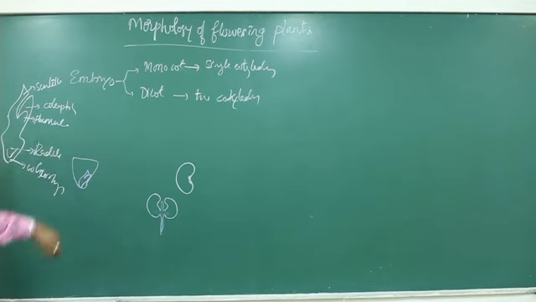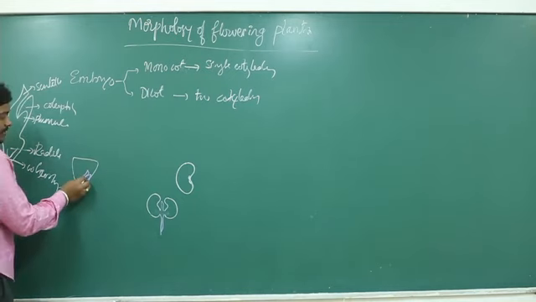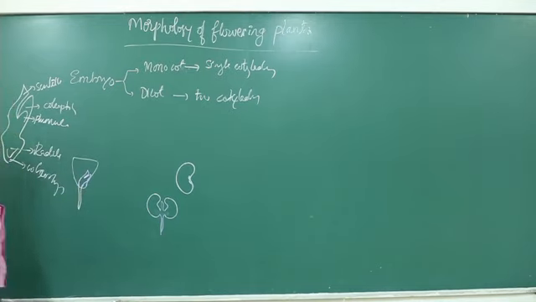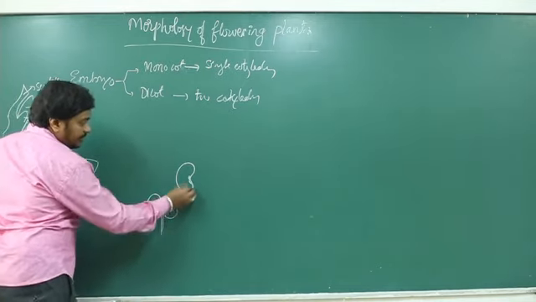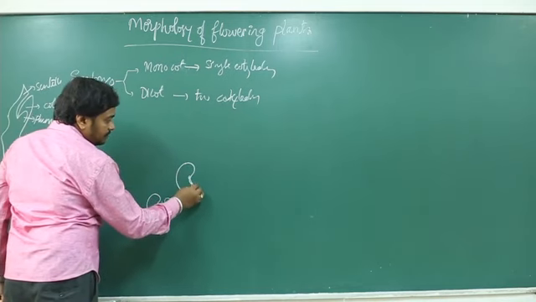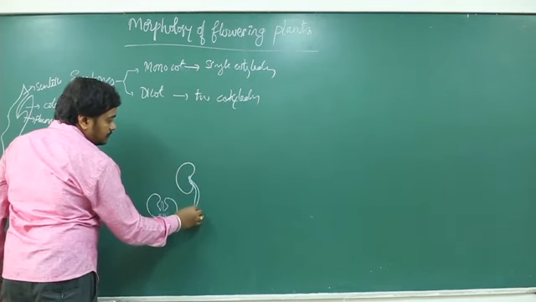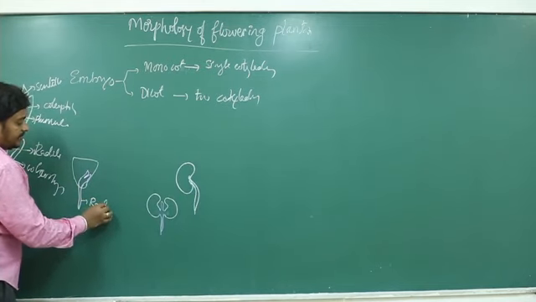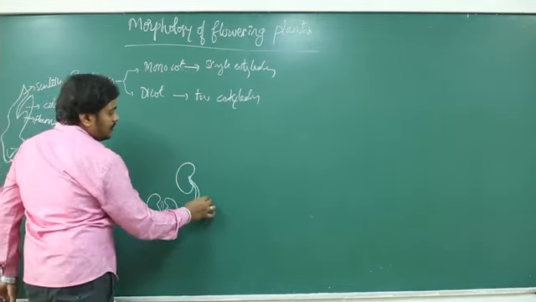So like this you studied the structure. During germination, in the beginning the radicle came out. So here also this radicle came out first. Okay, so this is radicle, here also radicle.